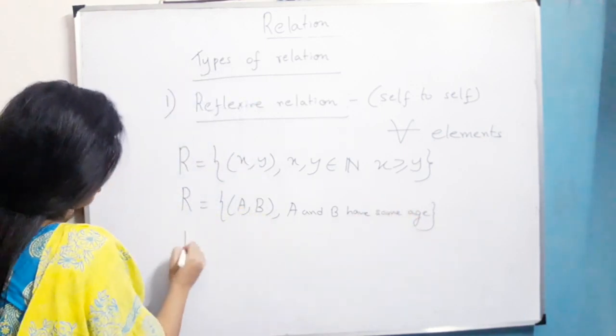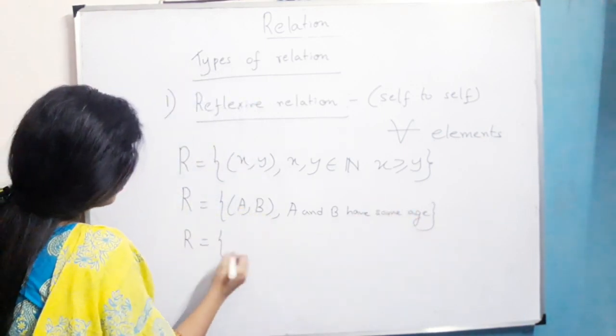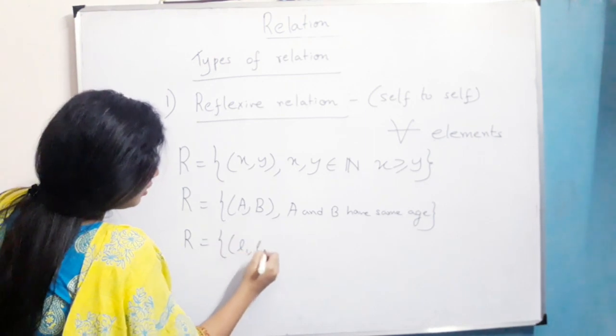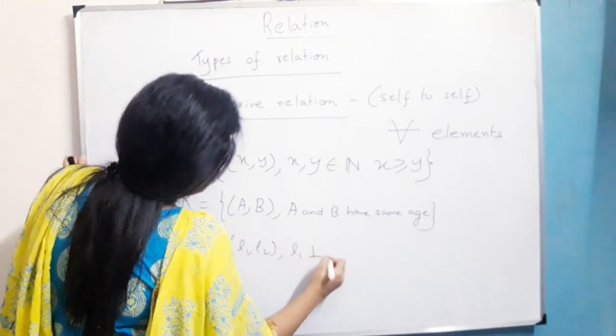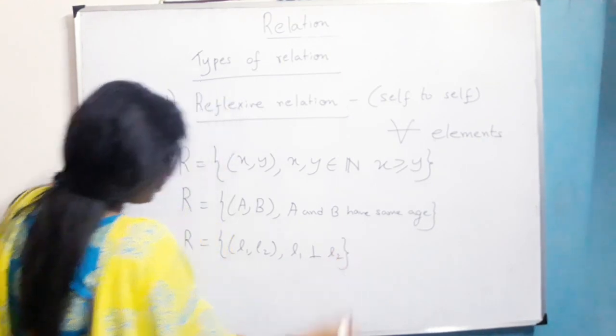Next I will take R equals to (L1, L2) such that L1 is perpendicular to L2.